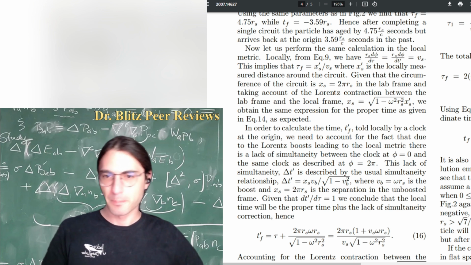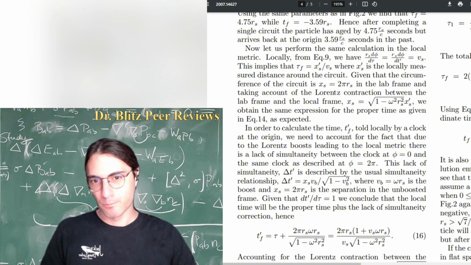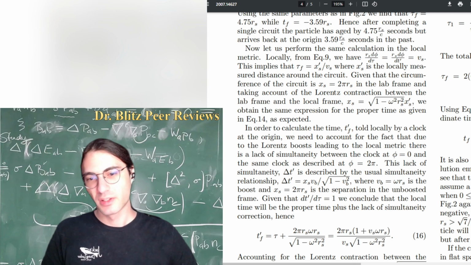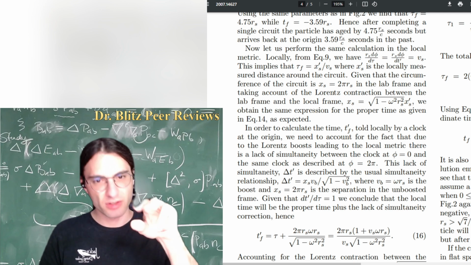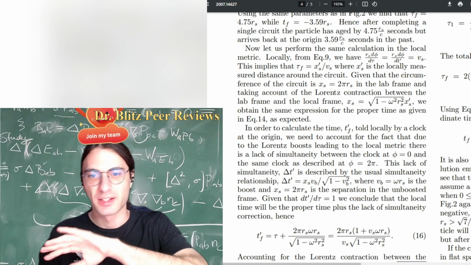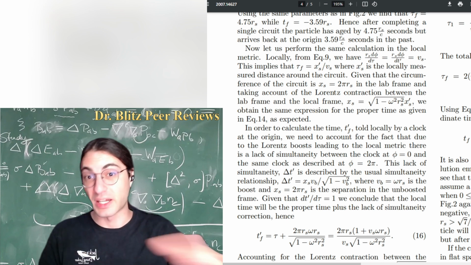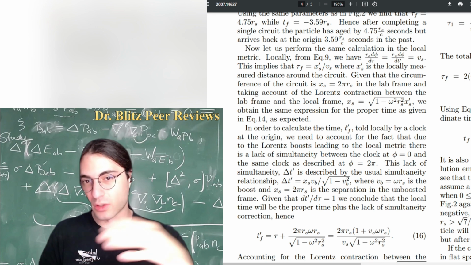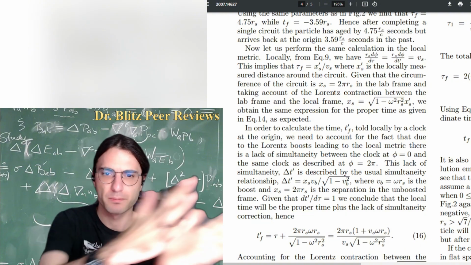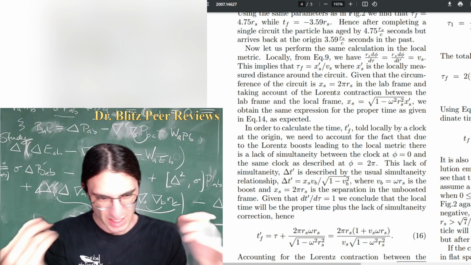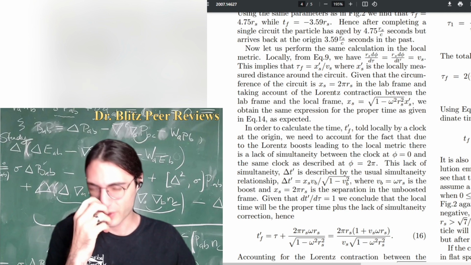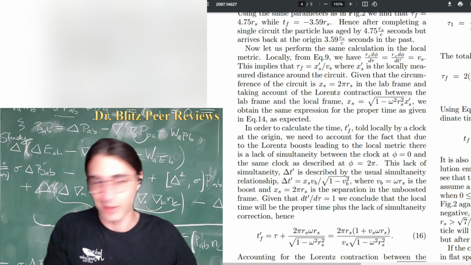But roughly speaking, going around the circle all the way once means that you're at a different position in space-time, and you have to take into account that the system is spinning. So there's a Lorentz boost, and you've traveled a distance, so that Lorentz boost leads to a divergence in the local times. I don't know how else to explain that. But this is the whole relativity of simultaneity. It's a pretty common thing in relativity.